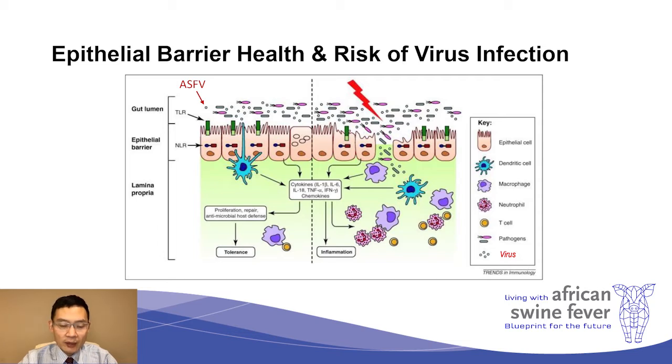As you can see on the left side, when we have very healthy epithelial layers, we can potentially prevent the virus from penetrating through the epithelial layers and getting into contact with its target cells, the macrophage cells and the dendritic cells, shown here in blue and purple. Potentially that will help us to reduce infections, or at minimum to increase the minimum infectious dose needed by this virus to infect the pig.